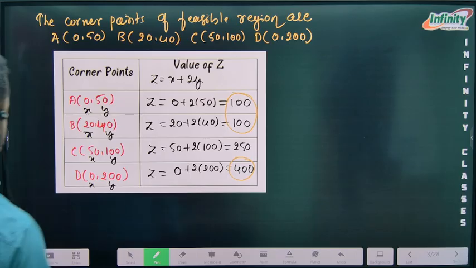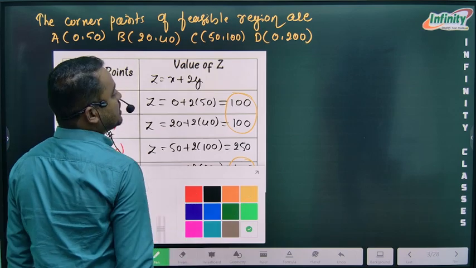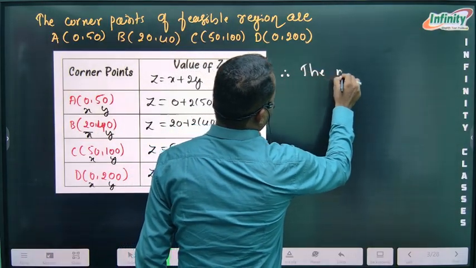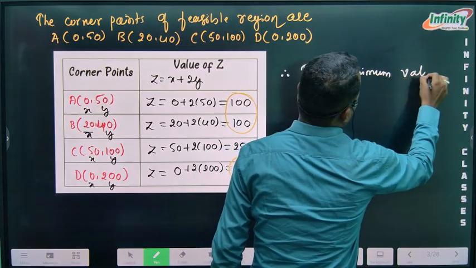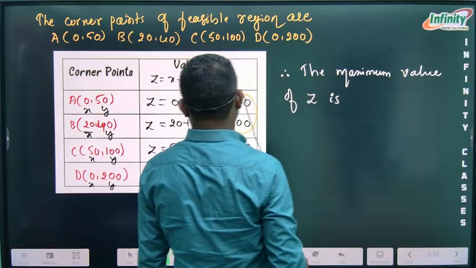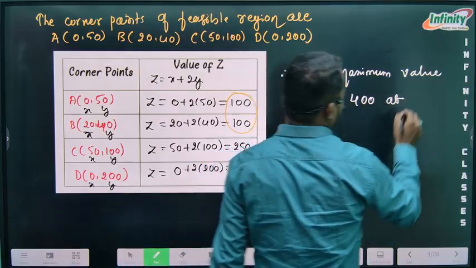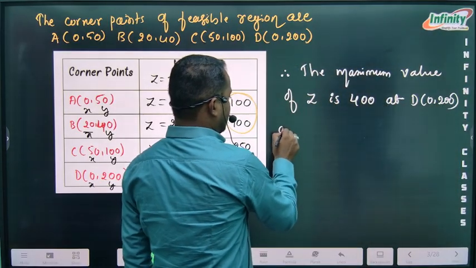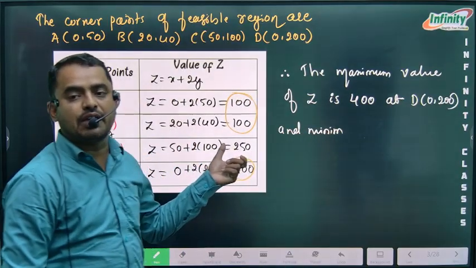In the table, after writing this, write: therefore, the maximum value of Z is 400 at D: 0 comma 200, and the minimum value of Z is, here we are getting multiple minimum values, two minimum values.